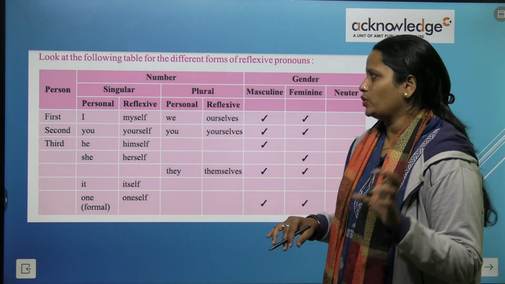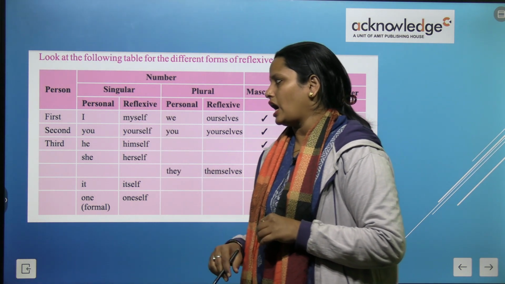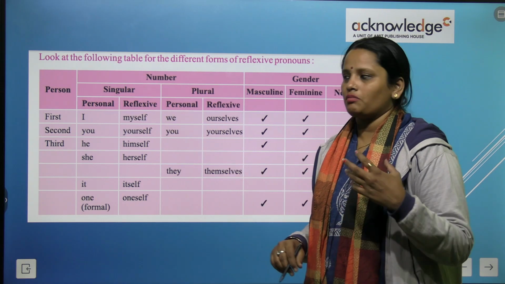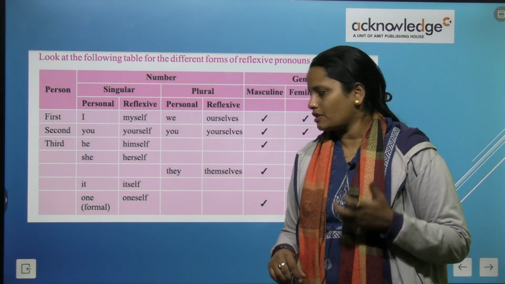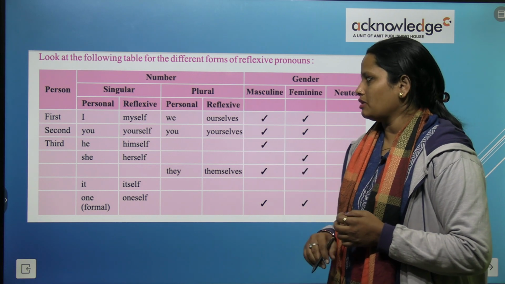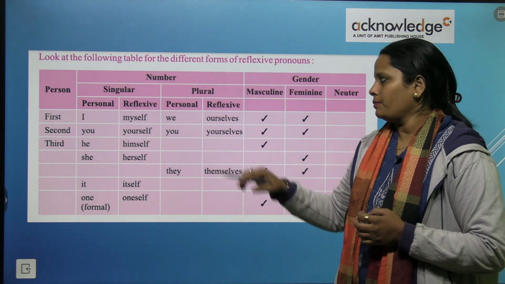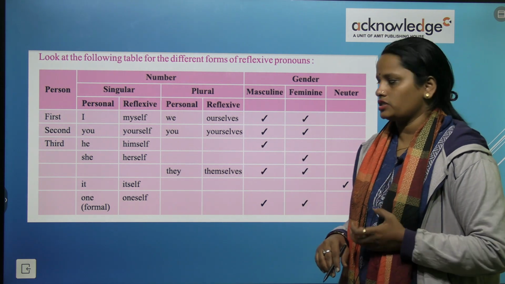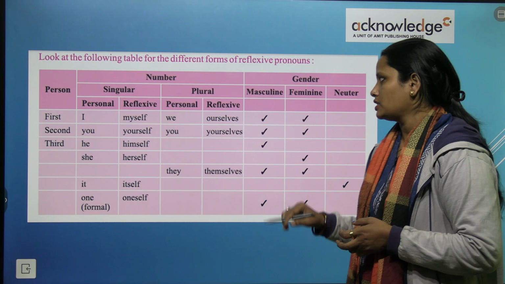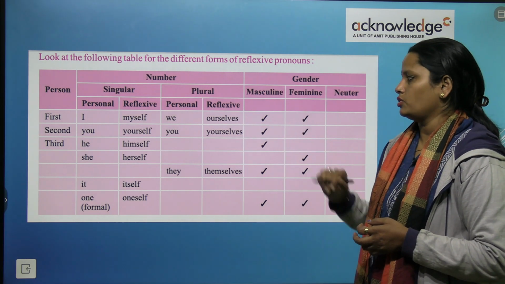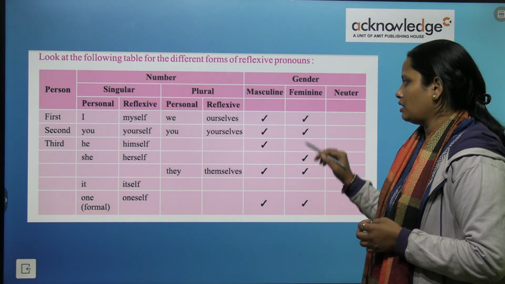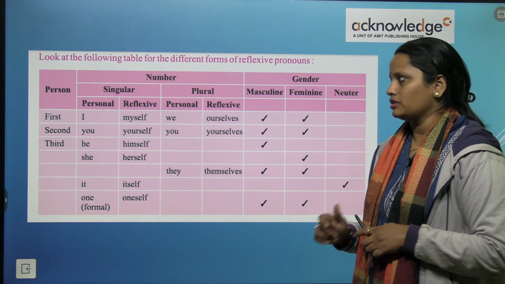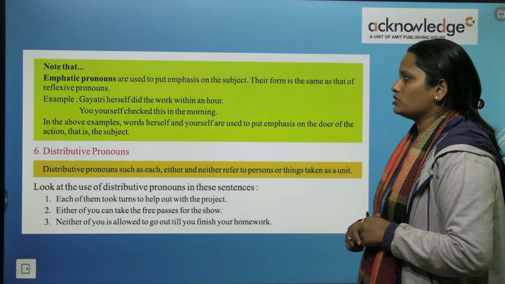So सब चीजें equal होनी चाहिए. यहाँ पे personal के लिए हम use करते हैं I, you, he, she, it and one. Reflexive में हम use करते हैं myself, yourself, himself, herself, itself और oneself. Personal में हम दोबारा यहाँ पे use करते हैं in the plural form we, you, they. अब reflexive में हम we के लिए use करते हैं ourselves, you में yourselves and they में themselves. अब masculine में हम इन सबको use कर सकते हैं. अब feminine में हम इनको use कर सकते हैं जिनके सामने tick लग रहा है. Neuter में हम सिर्फ it को use कर सकते हैं. So you have to learn this table, children.